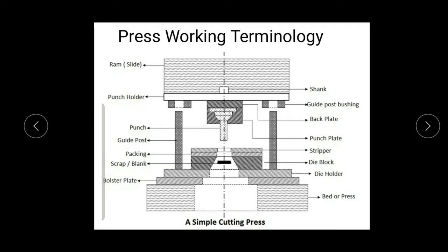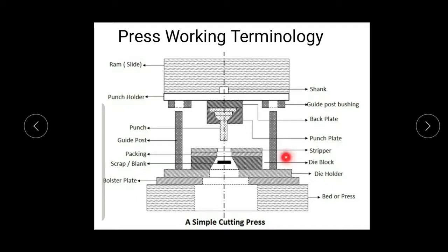Properly lubricated and positioned, they improve tool operation and contribute to producing quality products. This is also called a pillar die set. So these guide posts and guide post bushings are very important.